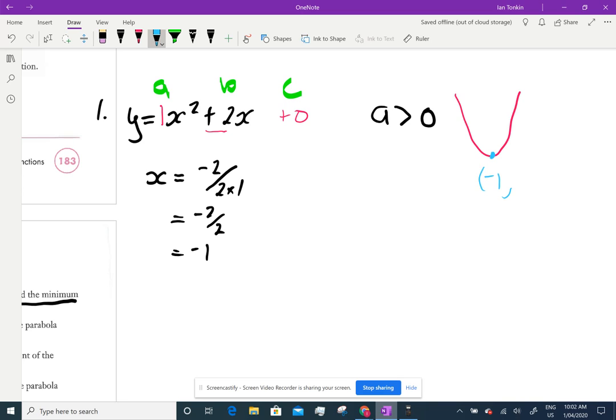We have to find the y value. So the y value, we put it into the equation. -1 squared plus 2 times -1. -1 squared is 1. And 2 times -1 is -2. So 1 minus 2 is -1. The minimum value is -1.